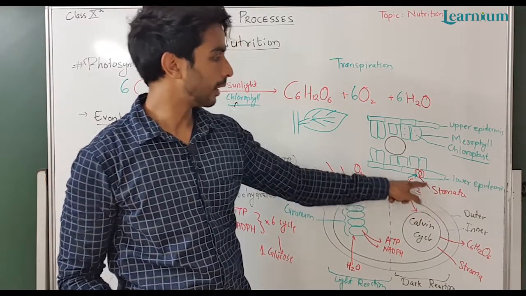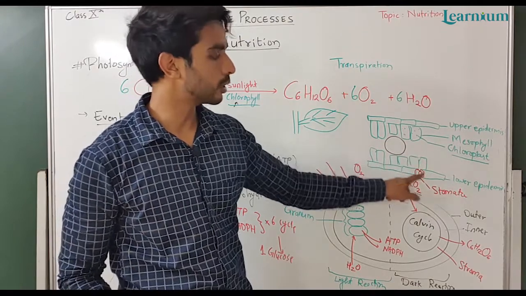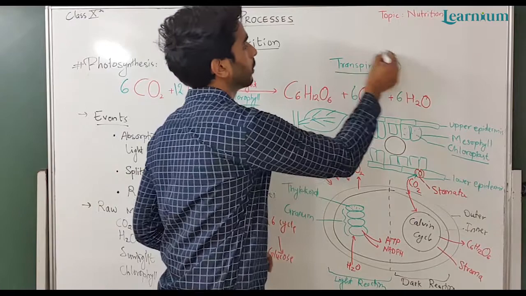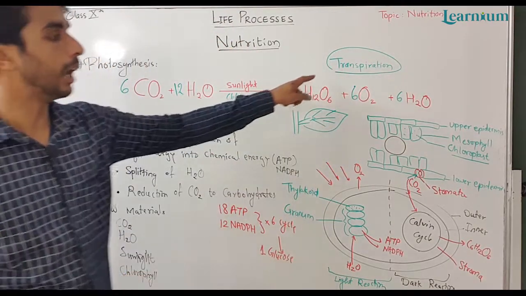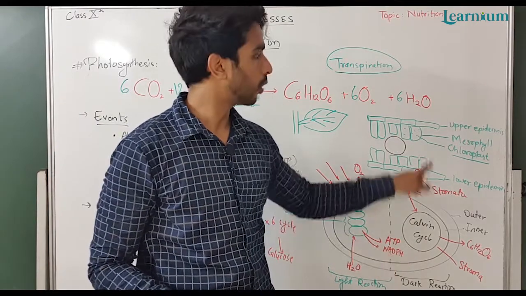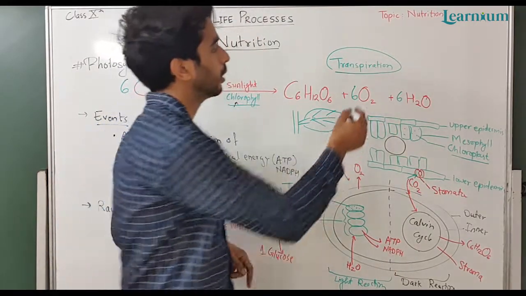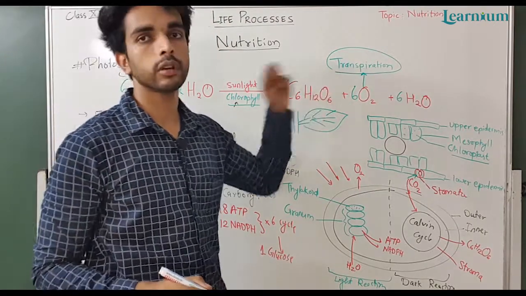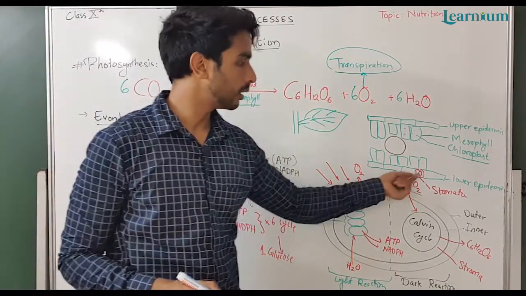Sometimes carbon dioxide enters and oxygen is expelled out. So this is the process of transpiration. It is helping the process of photosynthesis, because from photosynthesis oxygen is liberated. So this oxygen will be expelled out through transpiration when the guard cell opens.